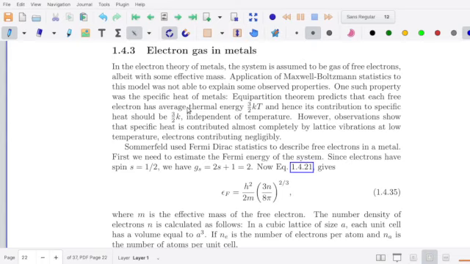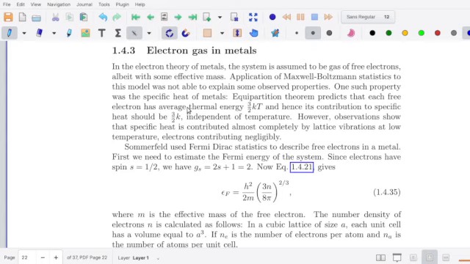For example, if we consider Maxwell-Boltzmann statistics and use the equipartition theorem, which would tell us that the average energy per degree of freedom is going to be half kT, then every electron will have a thermal energy of 3 by 2 kT, and its contribution to the specific heat would be 3 by 2 k, independent of the temperature. However, experiments do not show this.